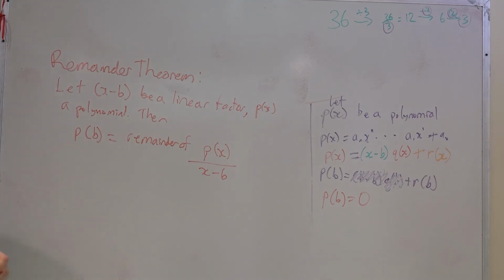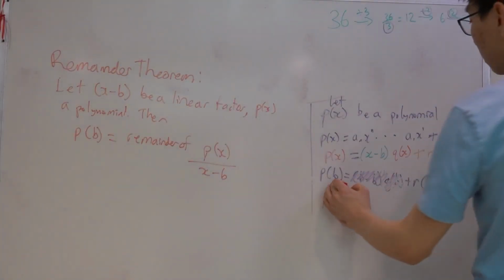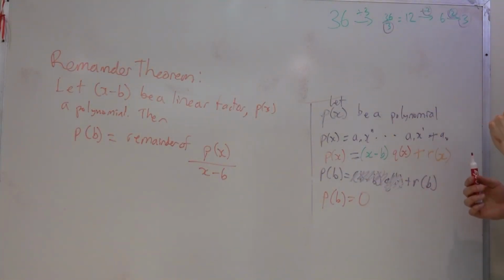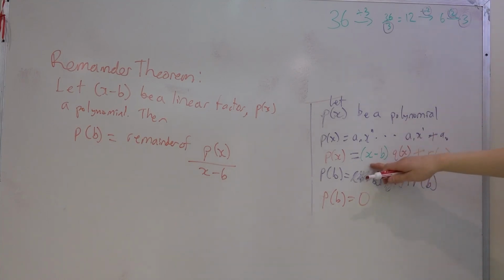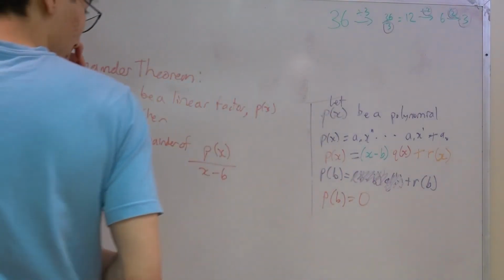Because remember, when we divided by x minus b, all we had was this remainder term here. When we divided first, and then substituted in b, we got, once again, the remainder. That's all there is to it.